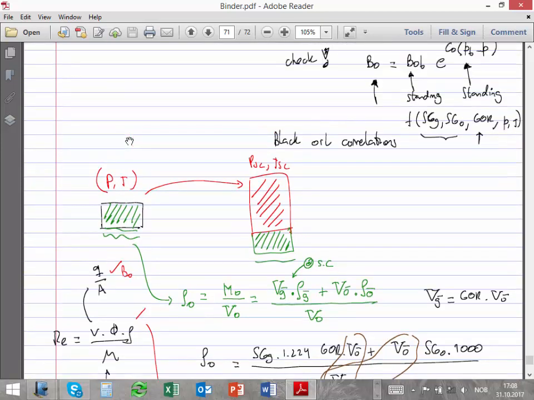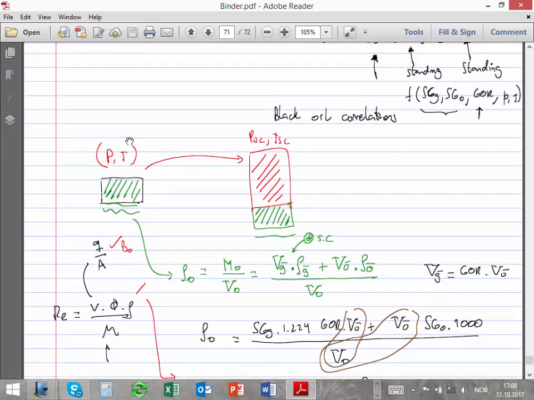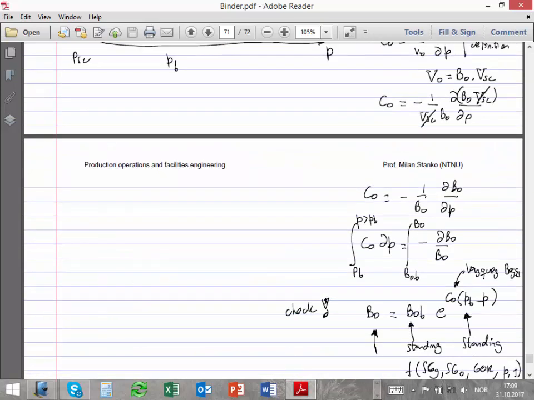But usually most oils, when they are taken to surface, release some gas, and then you have to take that into account: the volume rate is much smaller than the local rate. And that we do with a factor called BO.